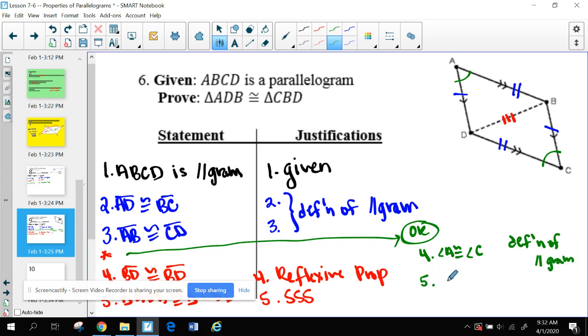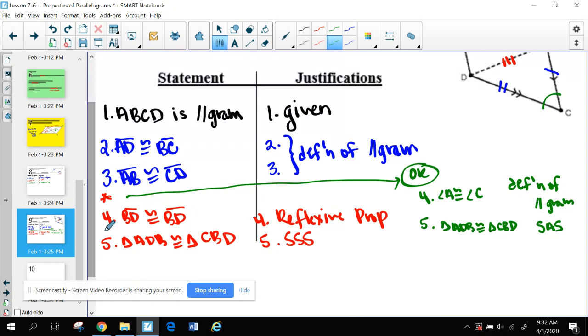And then for step 5, I could say the triangles would be congruent. Instead of side, side, side, this would be side, angle, side. So either one is fine, it doesn't matter. They both prove that the triangles are congruent.